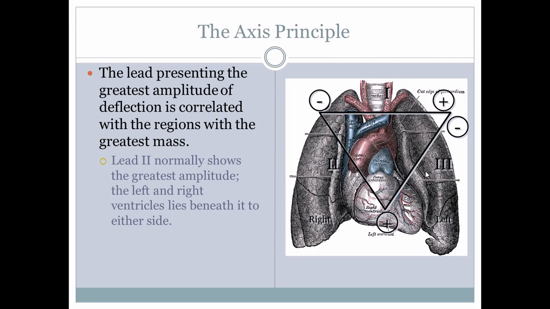Instead, this axis principle describes a correlation between the lead of greatest amplitude and the region of the heart with the greatest mass. This explains why lead 2 is traditionally considered the standard lead, because it usually has the greatest amplitude.